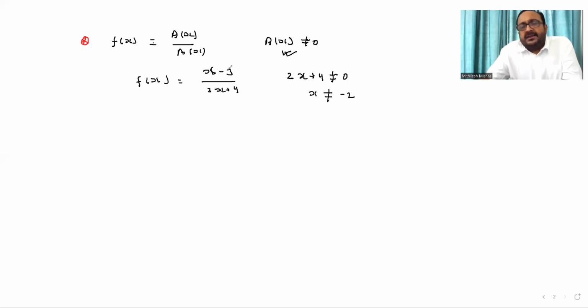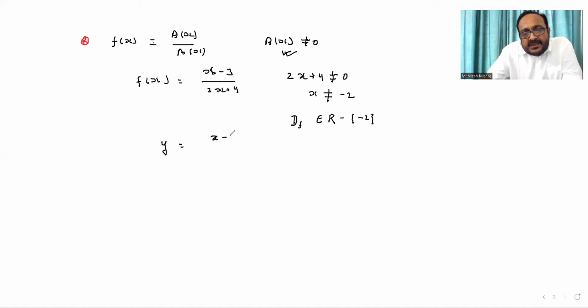In the numerator, it is a linear expression, so its domain will be all the real numbers, except minus 2. So you will write here domain belongs to all the real numbers minus {minus 2}. Is it right?